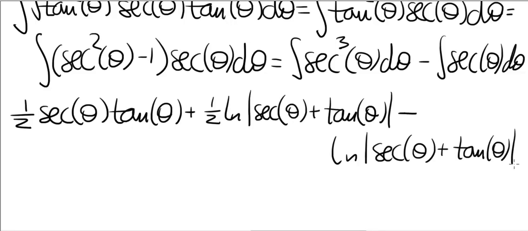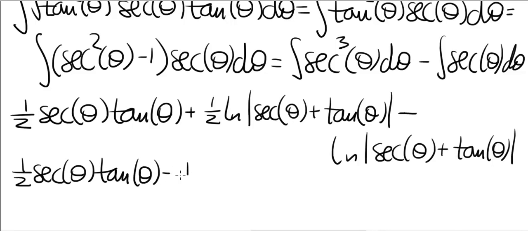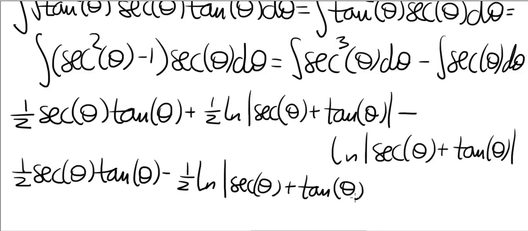Of course, we can simplify this. Our answer is 1/2 secant theta times tangent theta minus 1/2 natural log of absolute value of secant of theta plus tangent of theta. So now what we want to do is express this in variable y.